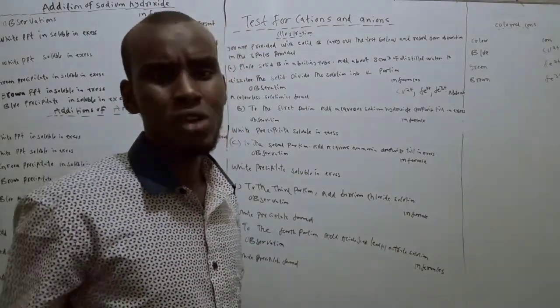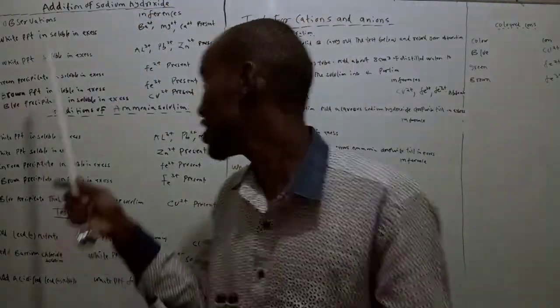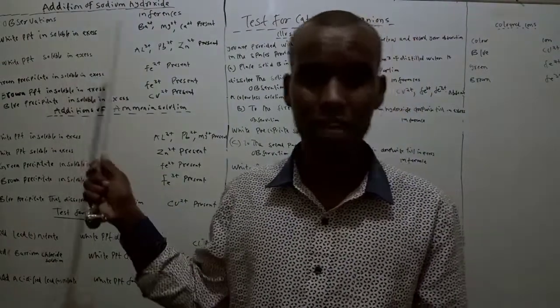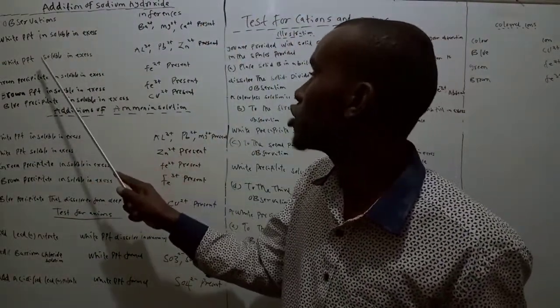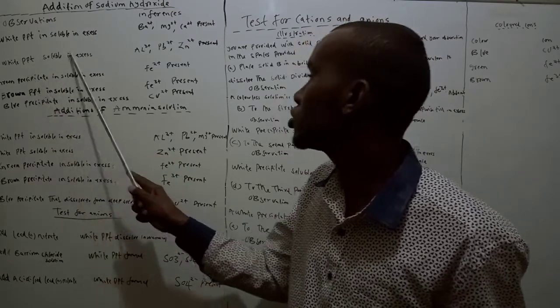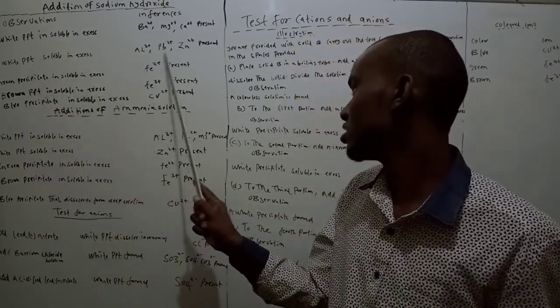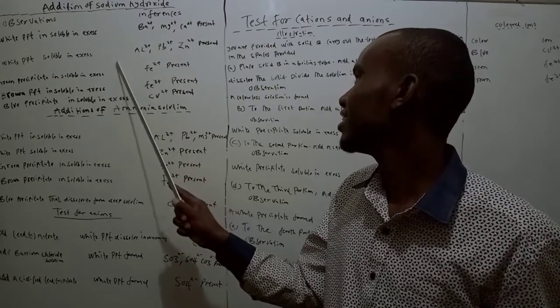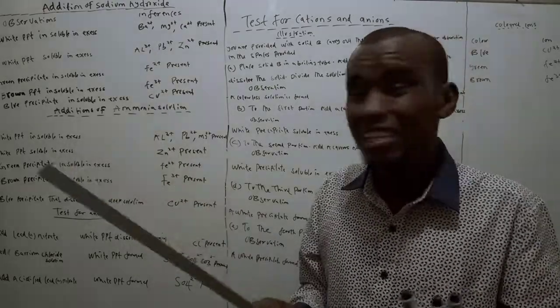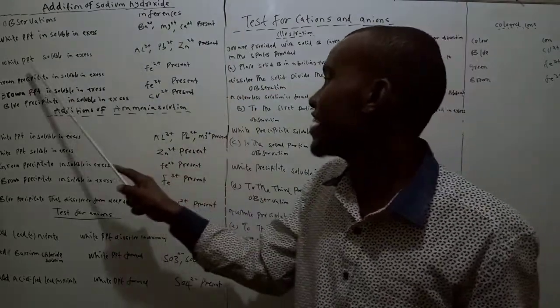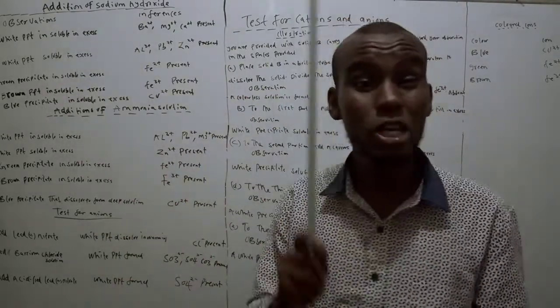Then we now know, because this is very helpful. We are using sodium hydroxide and we are told white precipitate soluble in excess. So we are going to pick these three cations: aluminium, lead, and zinc, because it is sodium hydroxide and we find that there is a white precipitate soluble in excess.